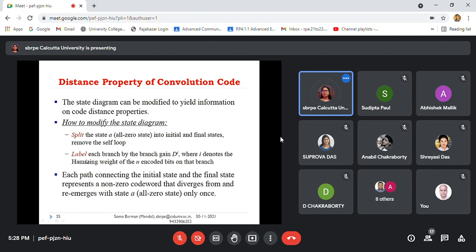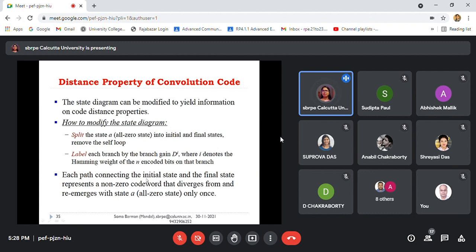Next is to label each branch by the branch gain D to the power i, where i denotes the Hamming weight of the n encoded bits on that branch. If I take an example, it will be more clear.